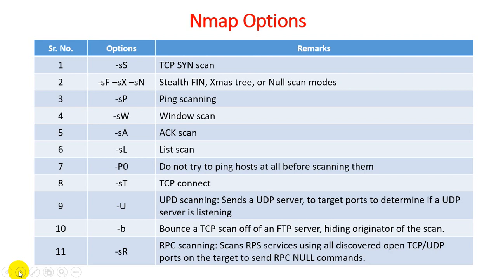If you mention SA, it is an acknowledgement scan. SL means a list scan. Based on the user's choice, you have a total of 11 options for Nmap tool scanning. You can use a single option or multiple options in a single scan, and based on the mentioned options, you get the final output. So just remember as many as possible of the different options which are part of the Nmap tool.